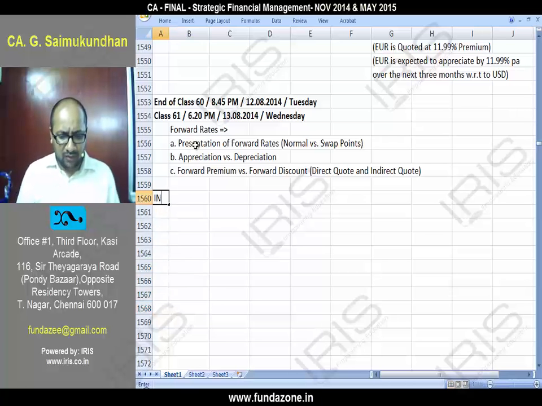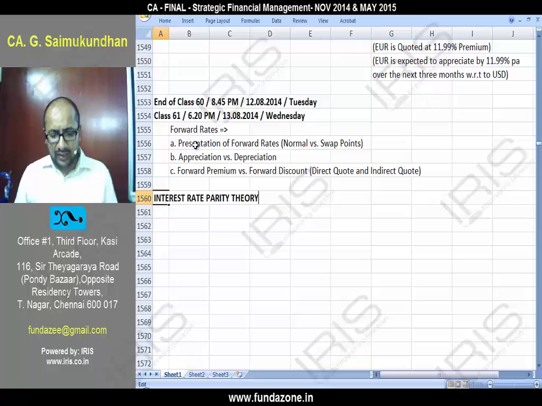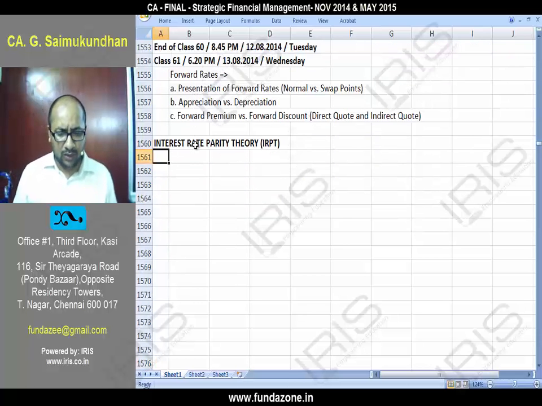For example, the next idea would be something called interest rate parity theory. So what exactly is interest rate parity theory all about? It's a very famous and highly valid set of ideas. Let's quickly look at what it is.